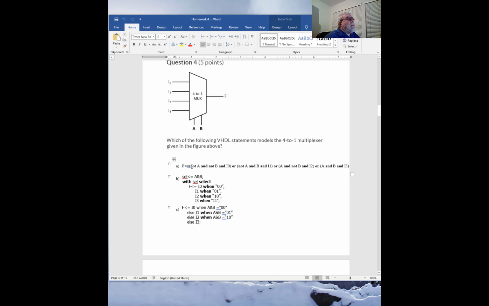The first expression says not A and not B and I0. That's exactly right for a multiplexer. That will be the function. That's the selection of the first input, input I0. The same thing for I1, which is not A and B, that will be 0, 1, and then this is the selection of the input. So this is correct.